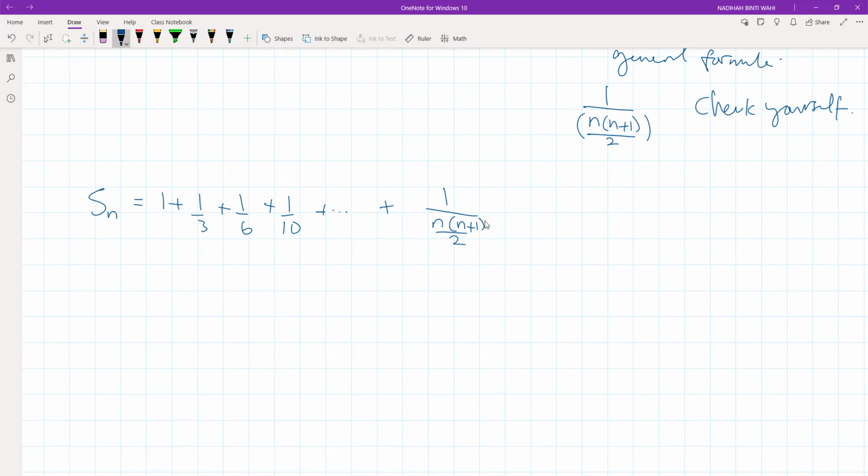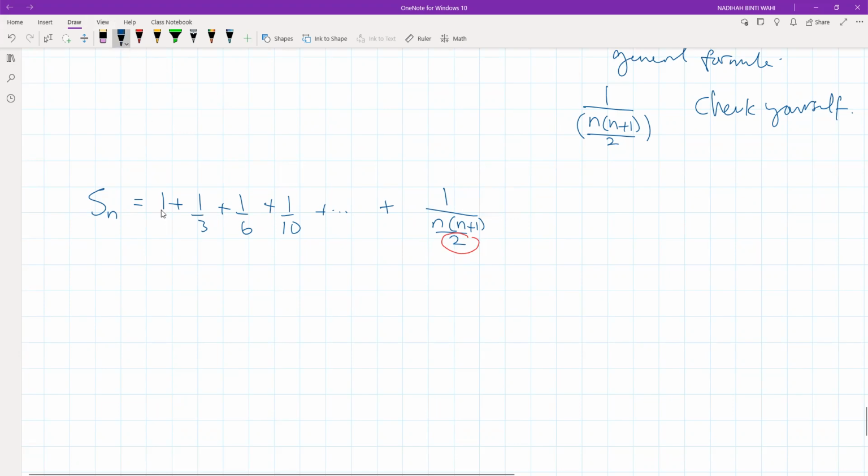Okay, so if you look here, I want to get rid of this over 2. So everything will be divided by 2.